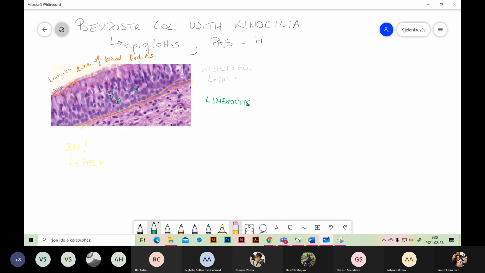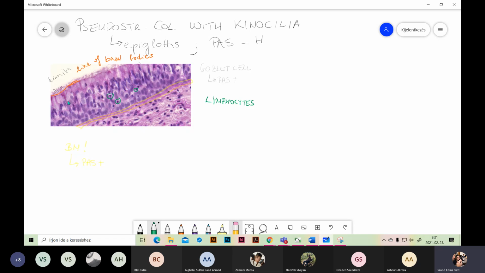What is a goblet cell? Goblet cells belong to the glandular epithelium. We will learn about that later. These goblet cells are embedded between the columnar cells.